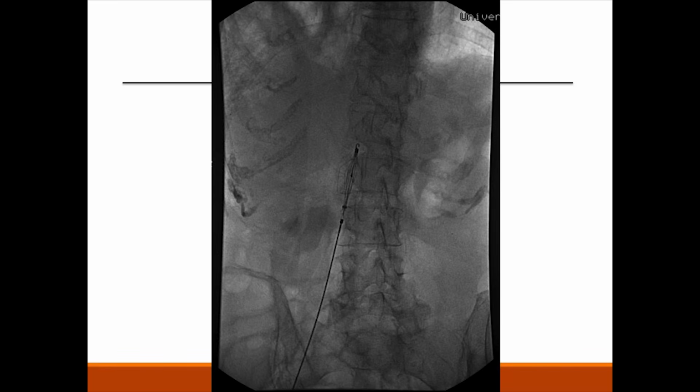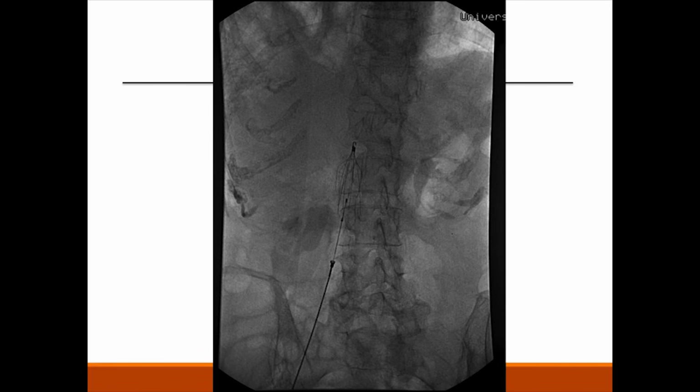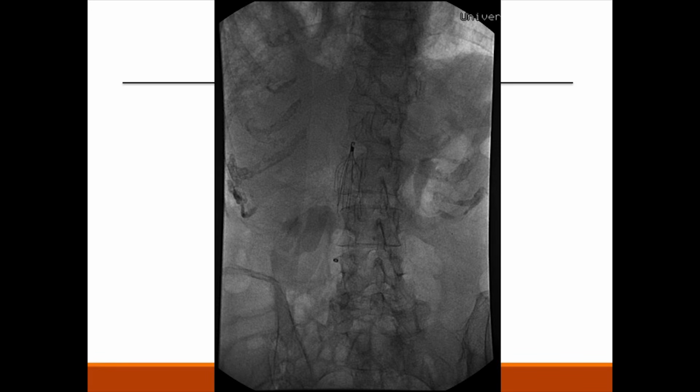The filter is aligned in the infrarenal position, then the clear outer sheath is slowly removed as the filter deploys. These images show the filter struts expanding as the outer sheath is removed. Here's the filter, fully deployed and in satisfactory positioning.